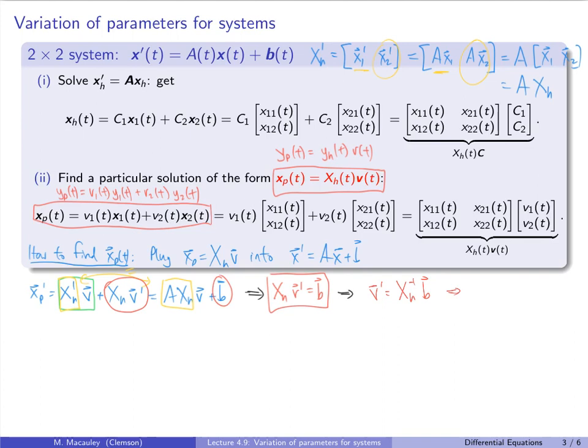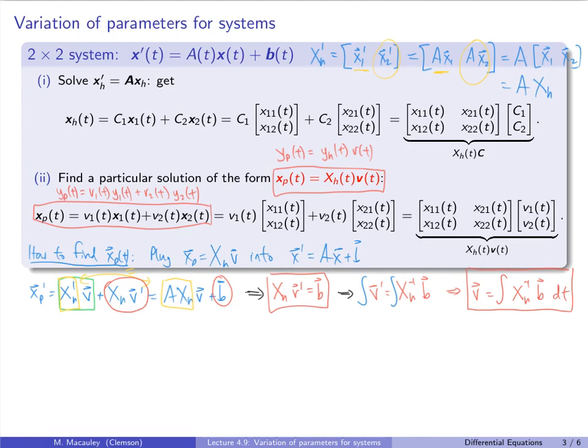From here we can just integrate both sides, and so we get that v equals the integral of xh inverse times b dt. In integrating a matrix or a vector, we're just integrating term by term. And we will do 2 examples of this. If you're a little overwhelmed by the symbols here, that's fine, but hopefully at every step you're able to verify that this does make sense.